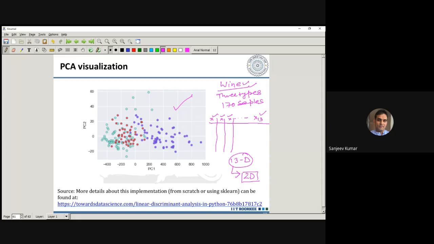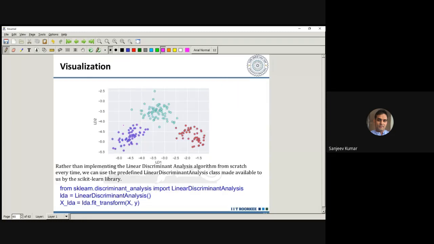What you can see from here is that we have mixed clusters. Okay, this data is not linearly separable. Ideally, I want data like this, so that I can have a hyperplane here to separate these two classes, and a hyperplane here to separate these two classes.